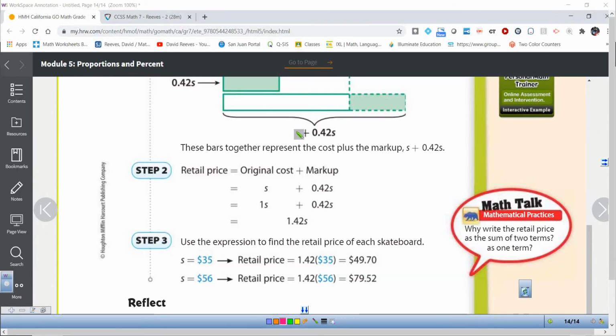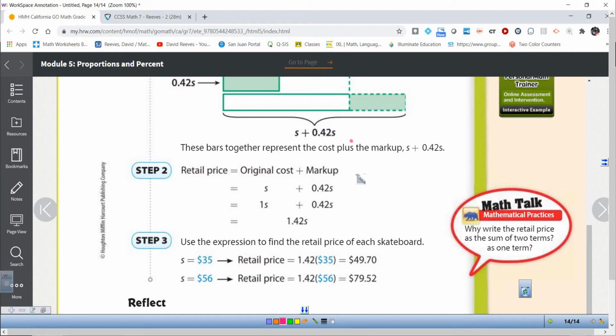You could represent it as the original price plus 42%, or 0.42S when you write it as a decimal. And that entire thing would give you the new price, or the increased price, or what they're calling the retail price. So again, our original plus the markup gives the retail price.